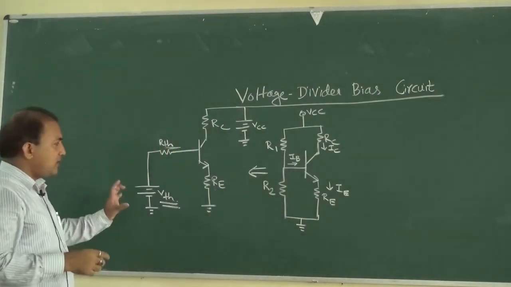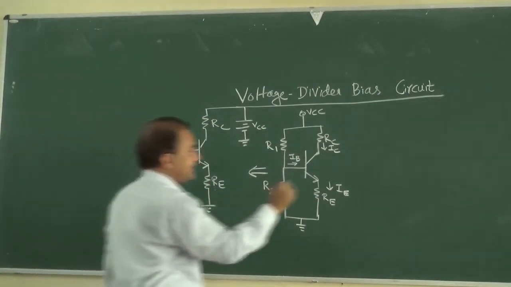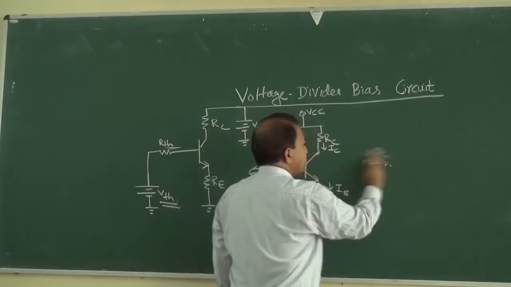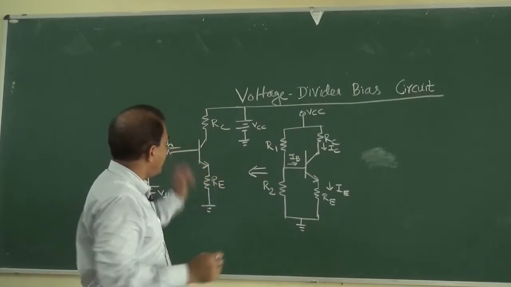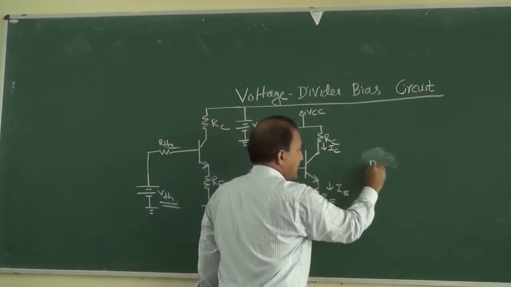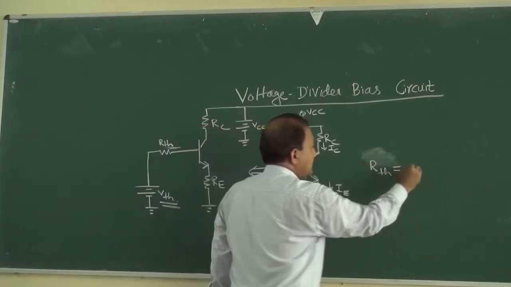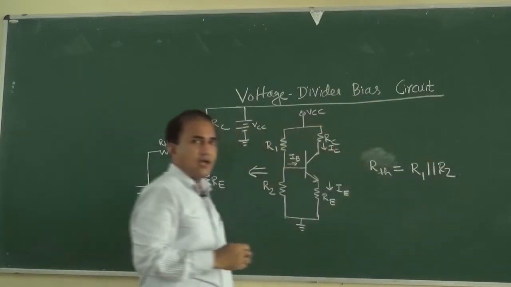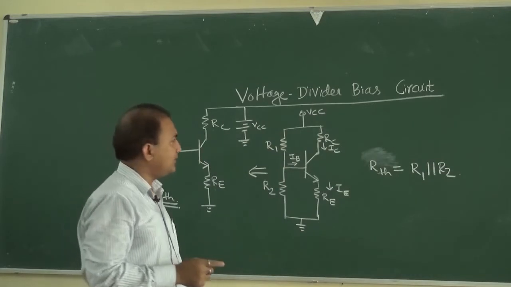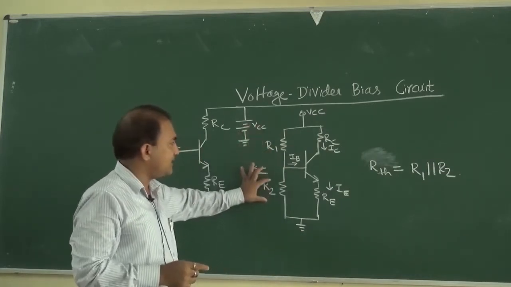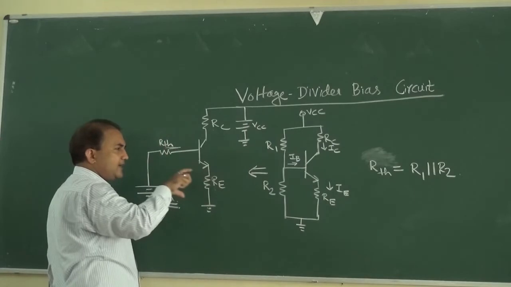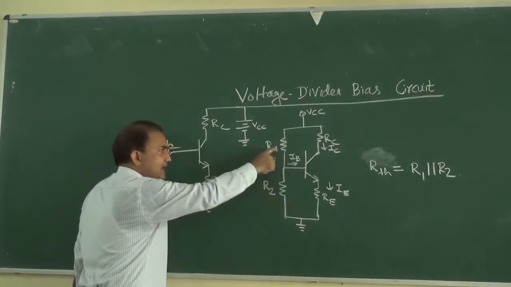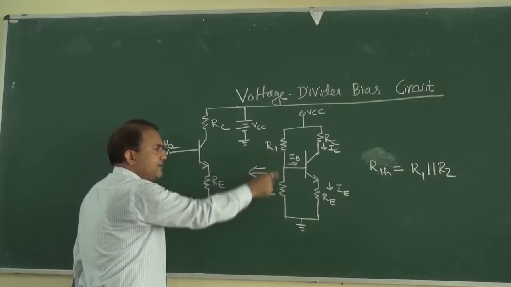How to determine VTH and RTH? First of all we will determine RTH. RTH is equal to R1 in parallel with R2. This is R1 and this is R2. If we look at this circuit across resistor R2, then R1 and R2 are in parallel.